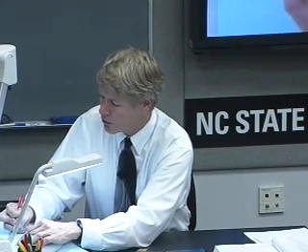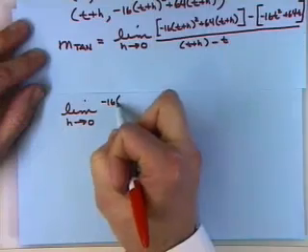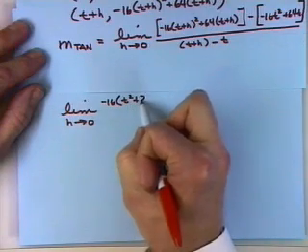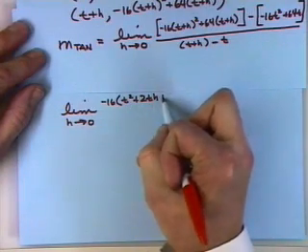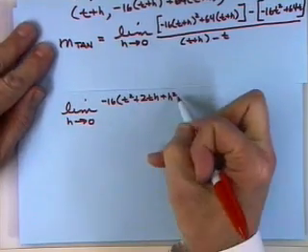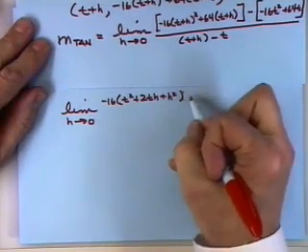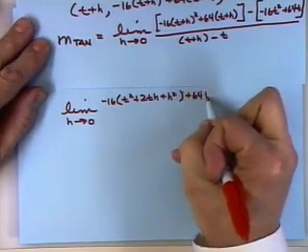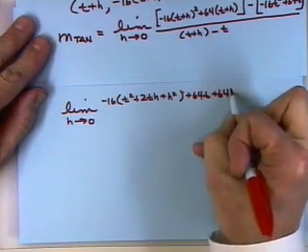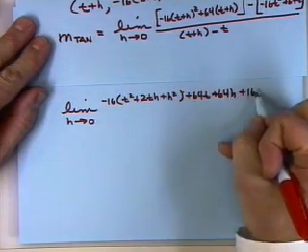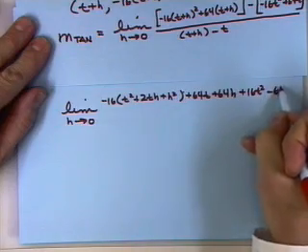I'm confident that you could square t plus h, and we're not going to do it all, but there's a t squared plus 2th plus h squared. We've got 64t plus 64h plus 16t squared minus 64t.